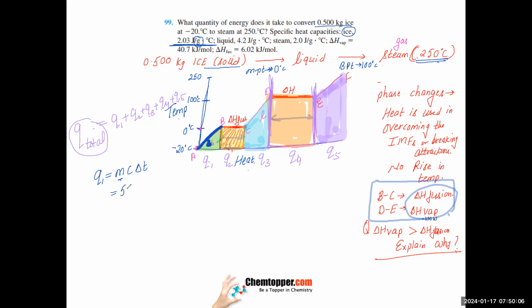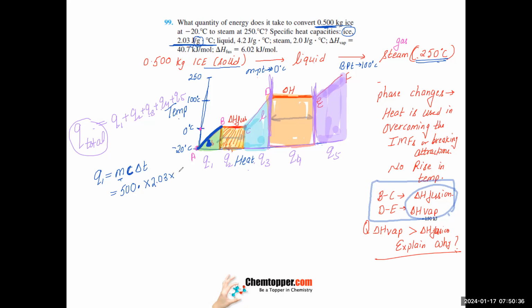Please, all of you, do this mathematics with me. 500.0 grams. How many sig figs? 3. You can see that this number has 3, so put a decimal here. Don't put any more zeros. What is c of ice? It is given in the question. 2.03. And what is delta T?